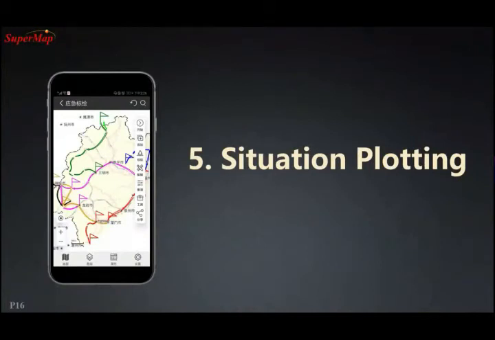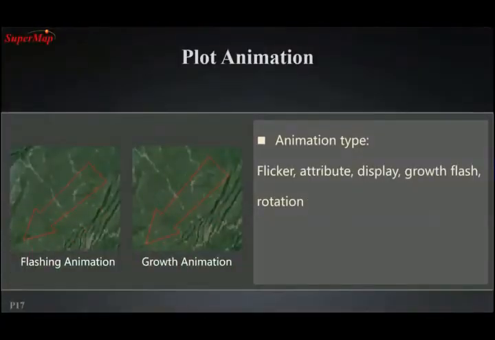After you collect all the data from the field, you can also show all the maps or different semantic maps on your mobile. Here we can also use some dynamic effects. We call it situation plotting. You can draw some arrows or other animations on your mobile.